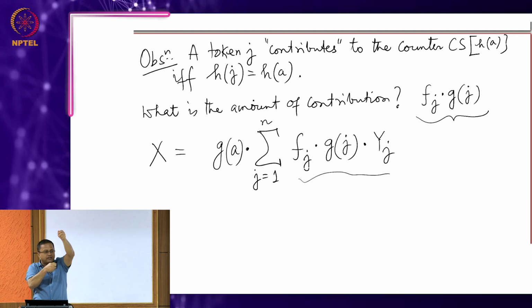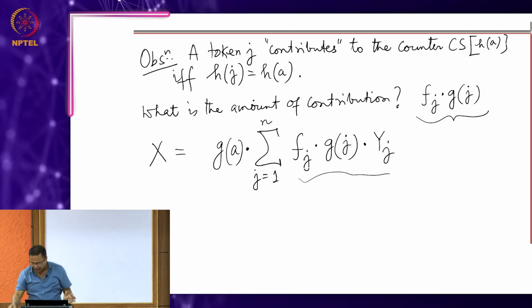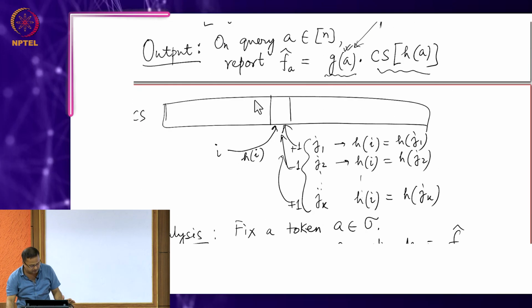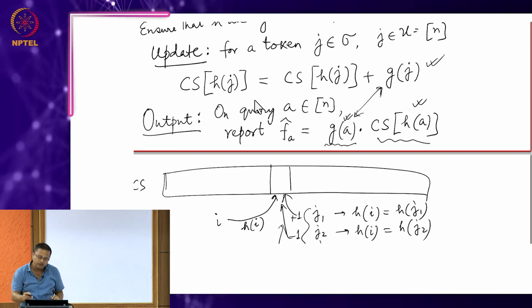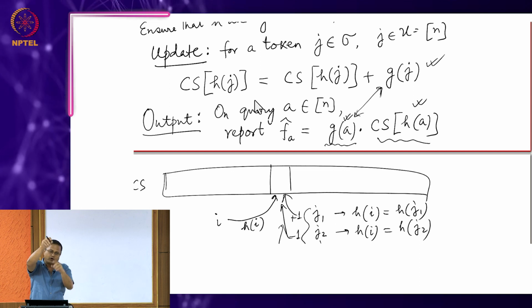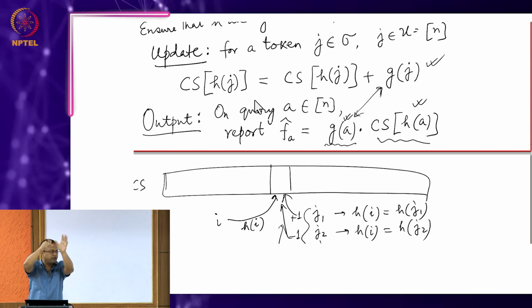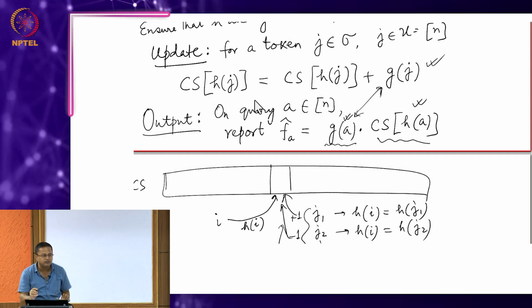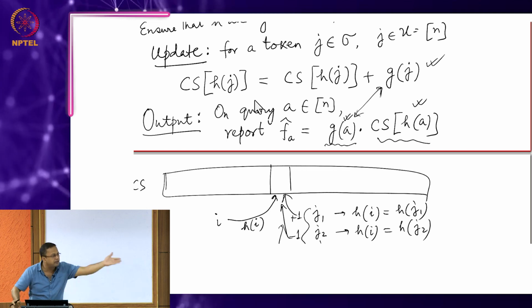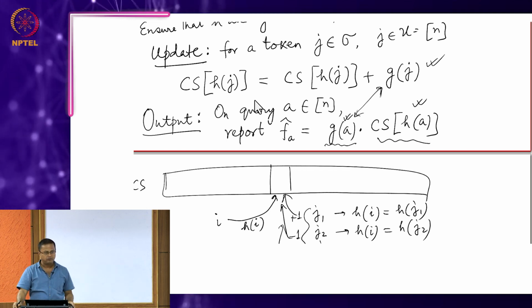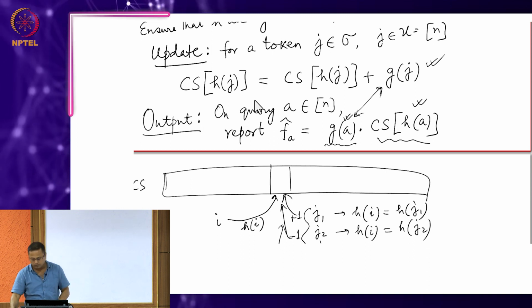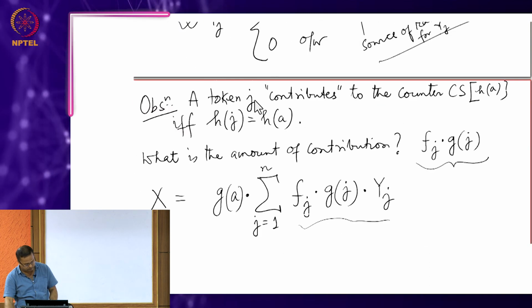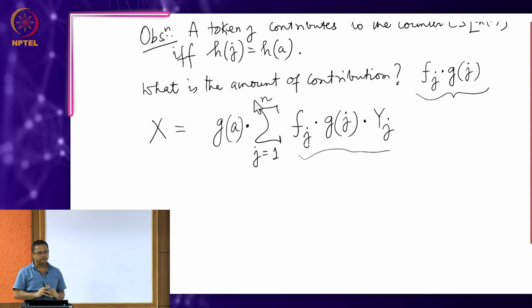Now, when a query has come for A, what is my algorithm telling me? It says look into that location, whatever the value is in there, plus minus whatever, multiply it with GA and then report, right, and x was the random variable capturing this value. So, x should be this.